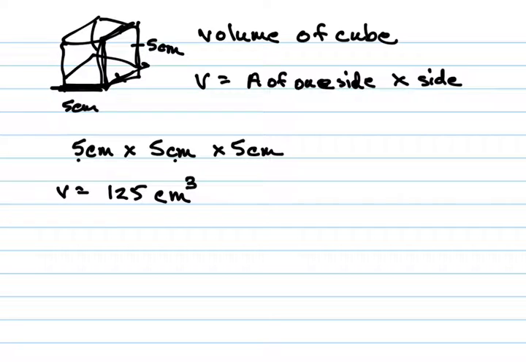If we want to find the capacity, we just need to convert that volume to liters. Since it's given as cubic centimeters, 1 cubic centimeter is 1 milliliter.